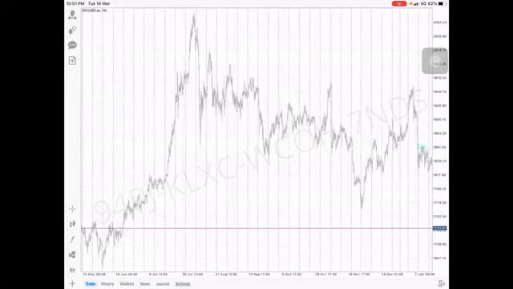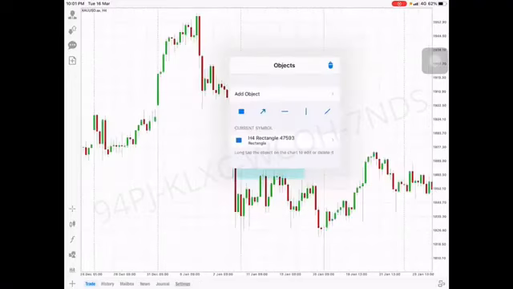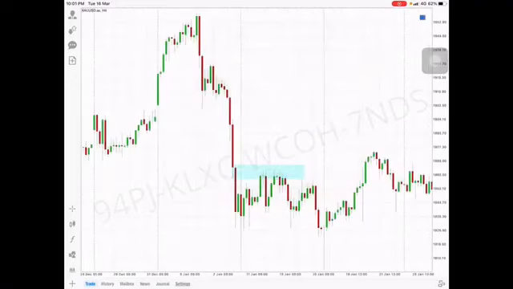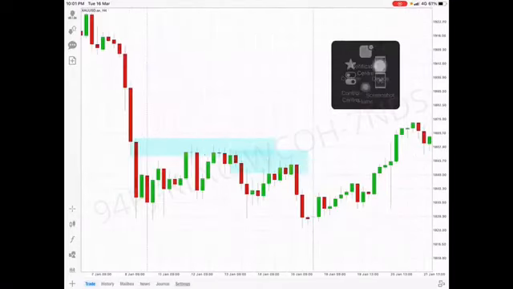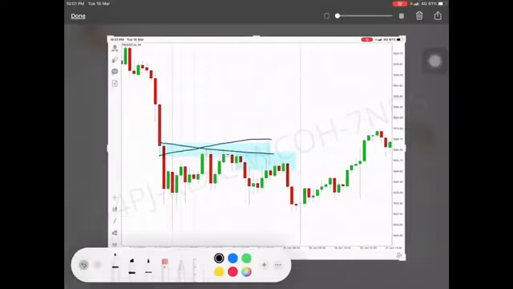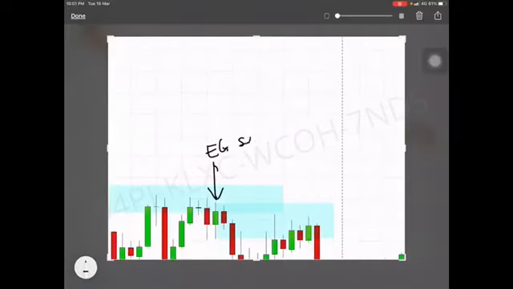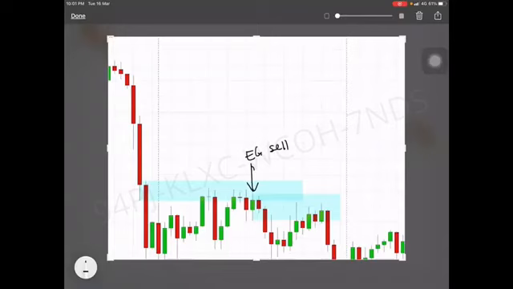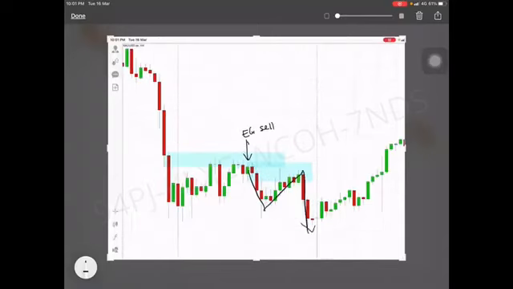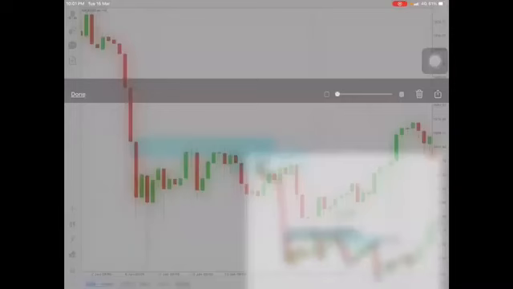So this is not your zone. This is the zone. When the price comes, you enter sell right here, but not this one.